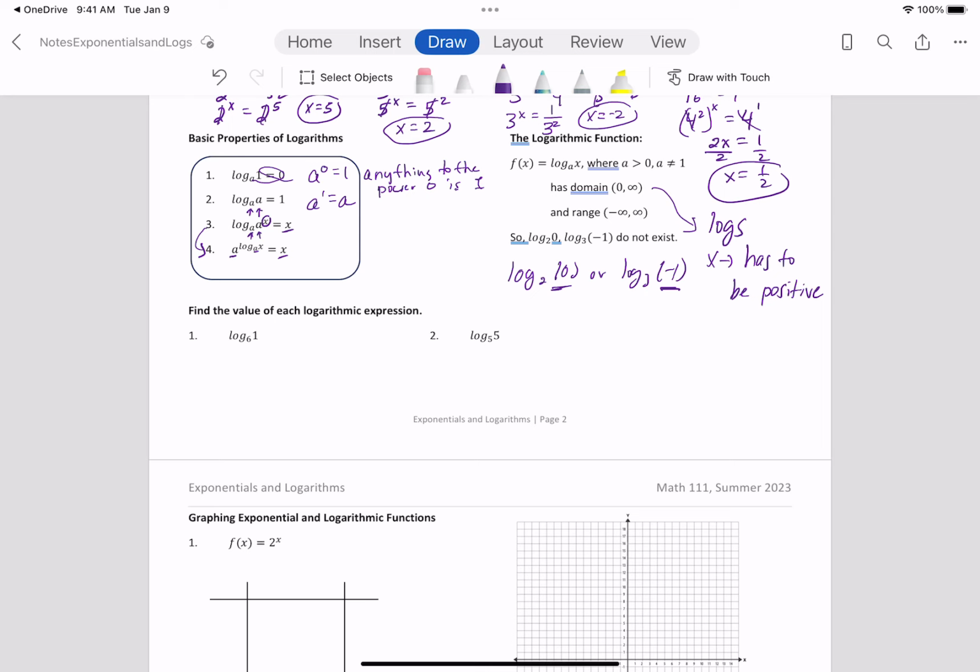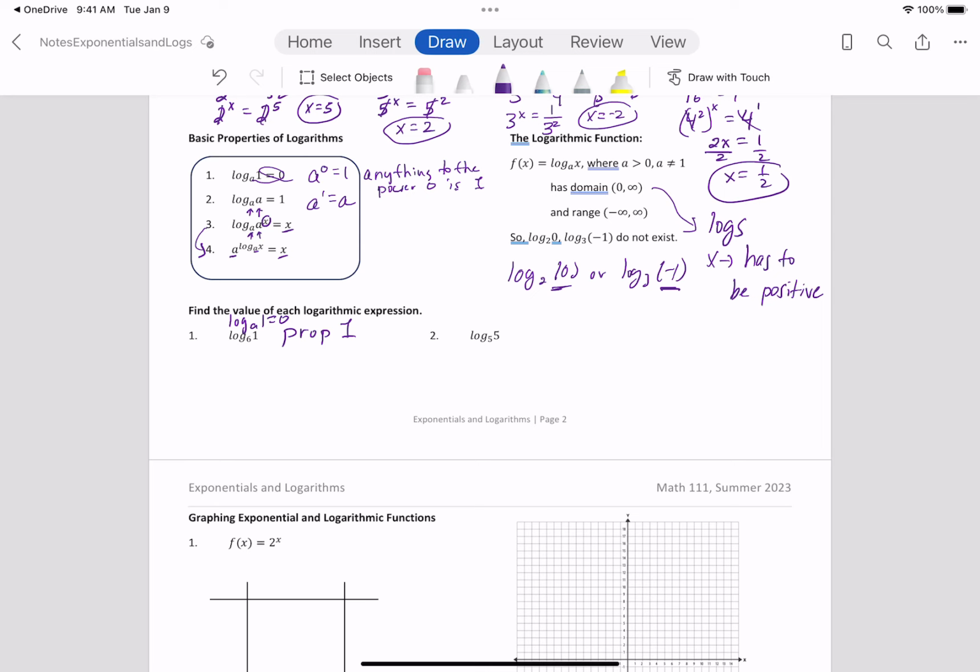Alright, so this next couple of problems is just to illustrate those properties that we just looked at. This first one is illustrating property 1. It looks like log base a of 1 equals 0. So as soon as I see log base 6 of 1, I can just write equals 0 due to that property.